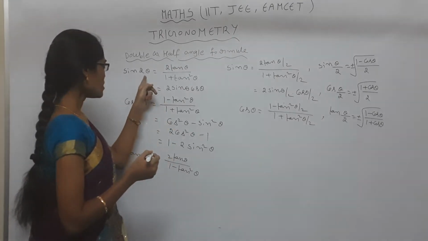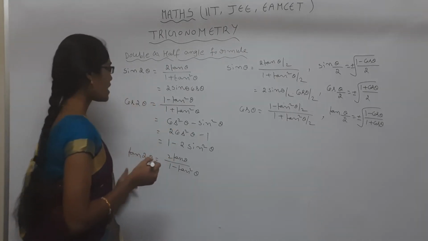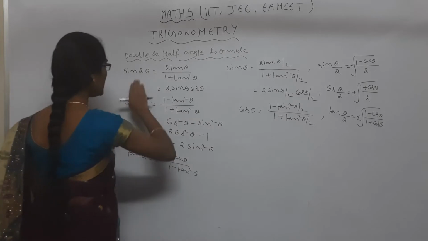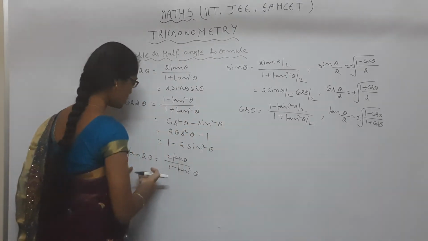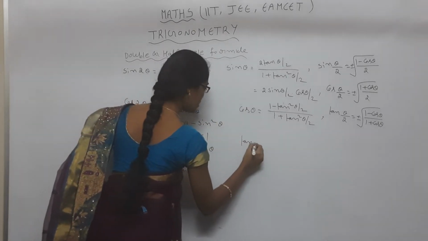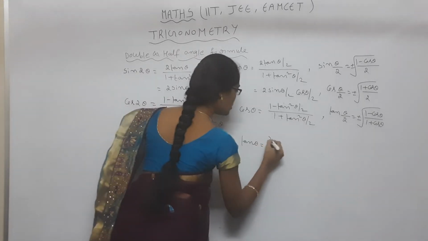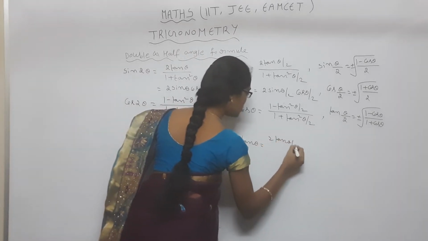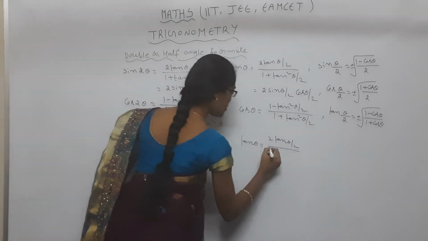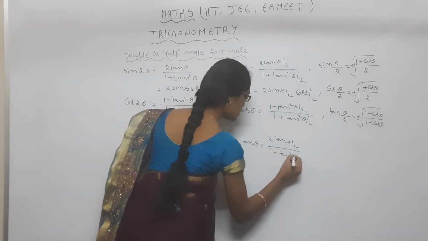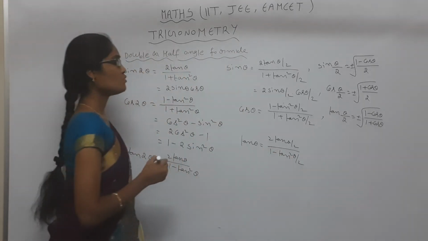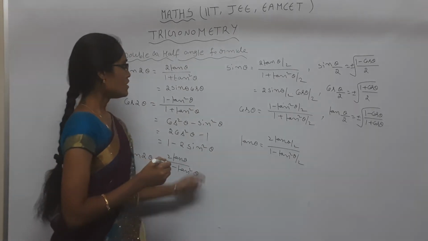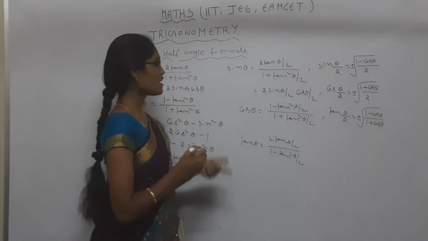What about tan theta? Tan theta is equal to 2 tan theta by 2 by 1 minus tan square theta by 2.